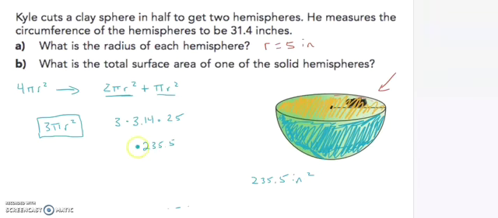So this formula right here, 3 pi r squared, finds the surface area of a hemisphere. So that is finding the surface area of spheres and hemispheres.